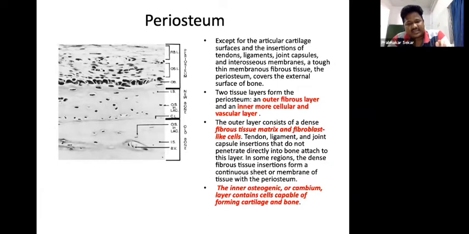The cambium layer is nothing but the inner, more cellular and vascular area, which is absent in the femoral neck but present in other bones, because it is the layer which contributes to the formation of osteoblasts. It is helpful in osteogenesis.